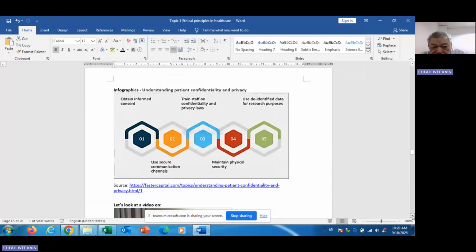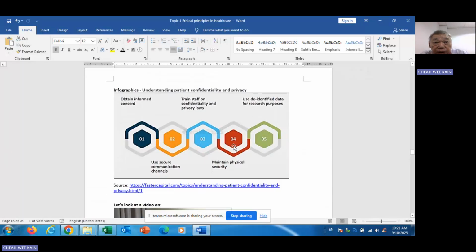So, understanding patient confidentiality and privacy: first step, obtain informed consent. Second step, since you are putting everything inside the computer, use secure communication channels. Train staff on confidentiality and privacy law. Also train your staff to have a very good password setting method, and how frequently the password needs to change.